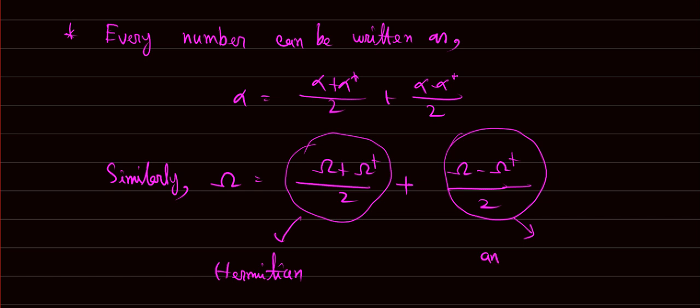So this part is anti-Hermitian. Why are we learning Hermitian, anti-Hermitian? It will come back in later lectures. So every operator can be written in Hermitian plus anti-Hermitian form.